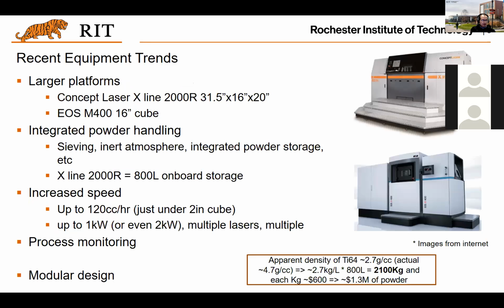Let's look at some of the equipment and some of the trends for the equipment. Of course, a larger printing area would be preferable. That means you can produce larger parts. Another thing is automated powder handling, how you handle the powder easily and automatically.